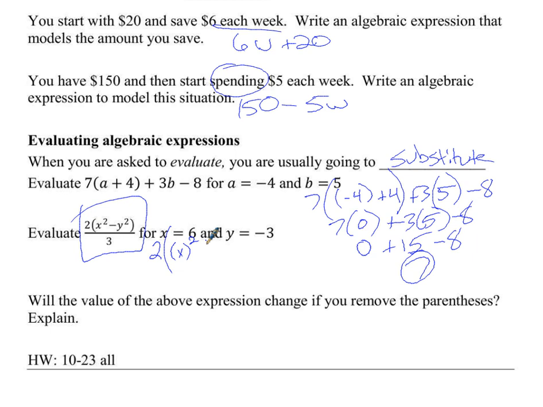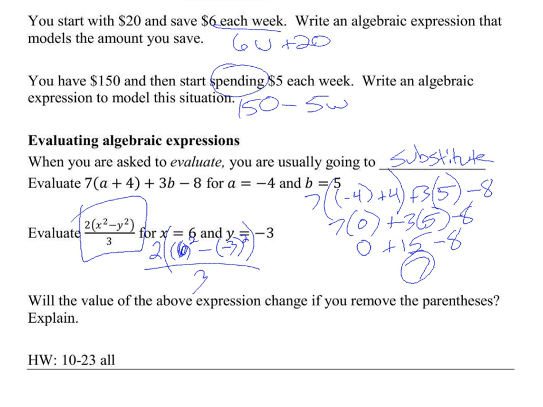I made a big parentheses for my grouping symbol that is there, and then I made little parentheses for my substitutions so that I can still see where those grouping symbols are. It really helps. And I don't want x, I want 6. I'm substituting in 6. Now what? So minus sign, parentheses, negative 3, parentheses, squared, close the grouping symbol, all divided by 3.